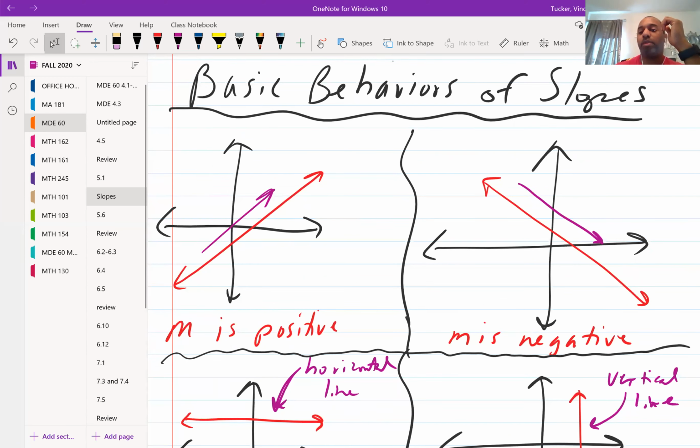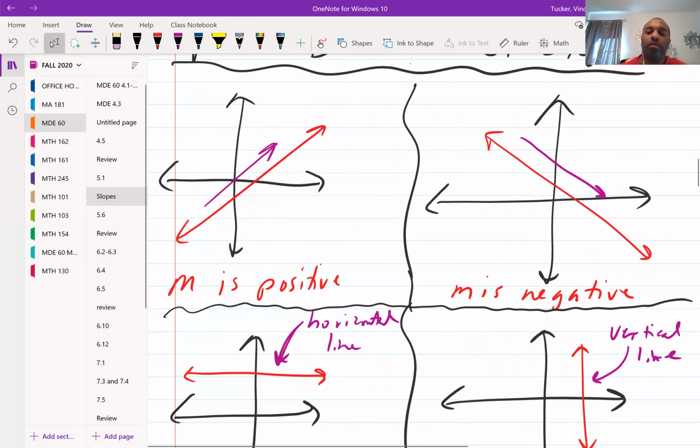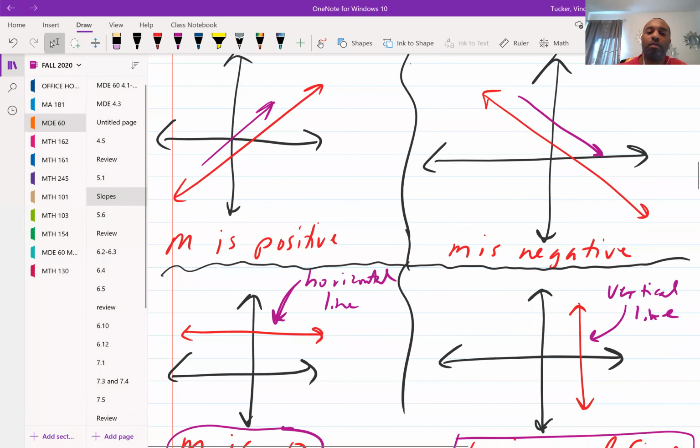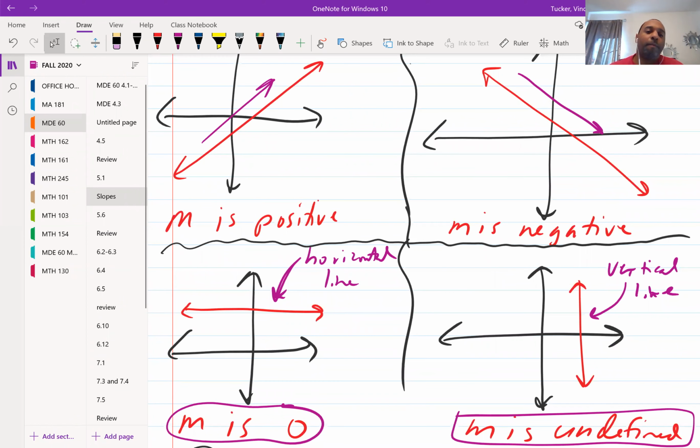Once again, your slope, M, is a numerical value that represents the slant or incline of your line. And then for the next two, if you have a horizontal line, your slope is 0. And if you have a vertical line, your slope is undefined.